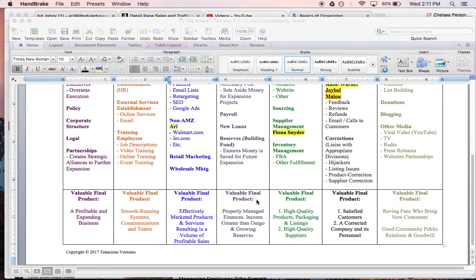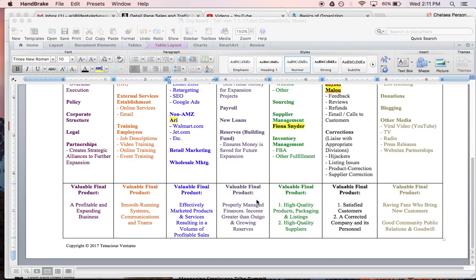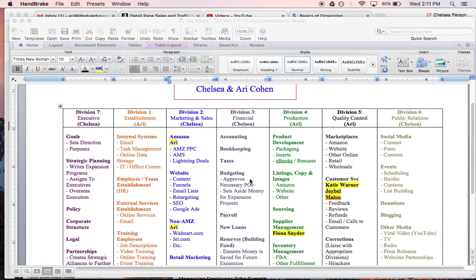So let's look at the valuable final product of Division 3. Properly managed finances, income greater than outgo, plus growing reserves. That is a very carefully constructed sentence there. This is the department or division that can approve or disapprove purchase orders, that's what a PO is.